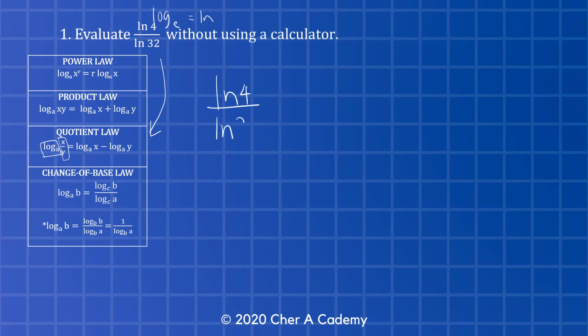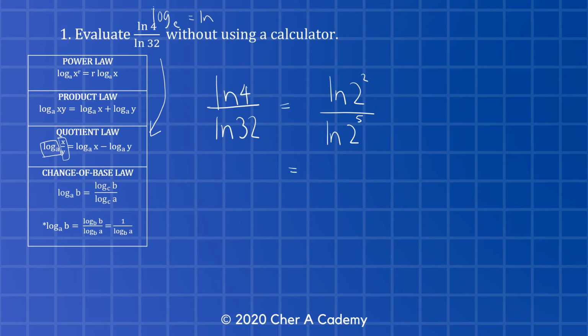ln 4, ln 32. For logs, it will be good to be quite sensitive to the numbers. If you look at 4, I can actually change it to 2 squared, right? And 32, I can change it to 2 to the power of 5. 2 to the power of 5 is 32.